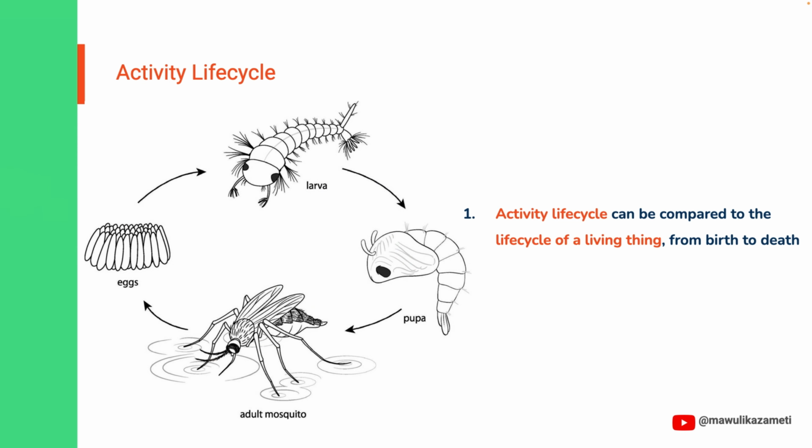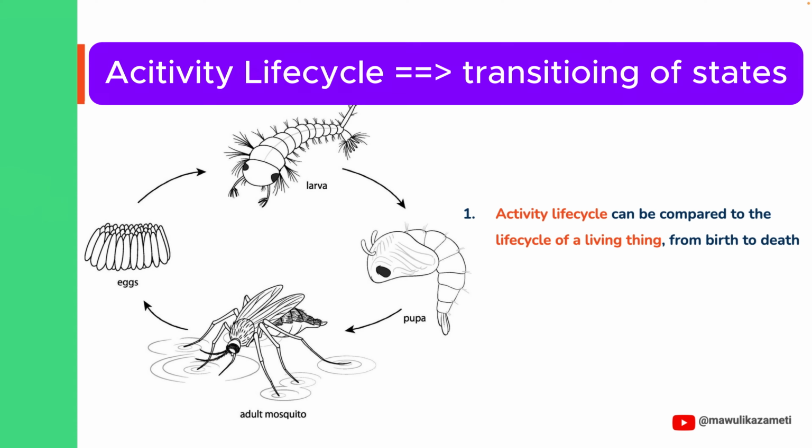Similarly, the activity consists of the different states that an activity can go through from when the activity was first initialized to its destruction. During its lifetime, an activity transitions through, and sometimes back to, various states. The transitioning of states is known as the activity life cycle.